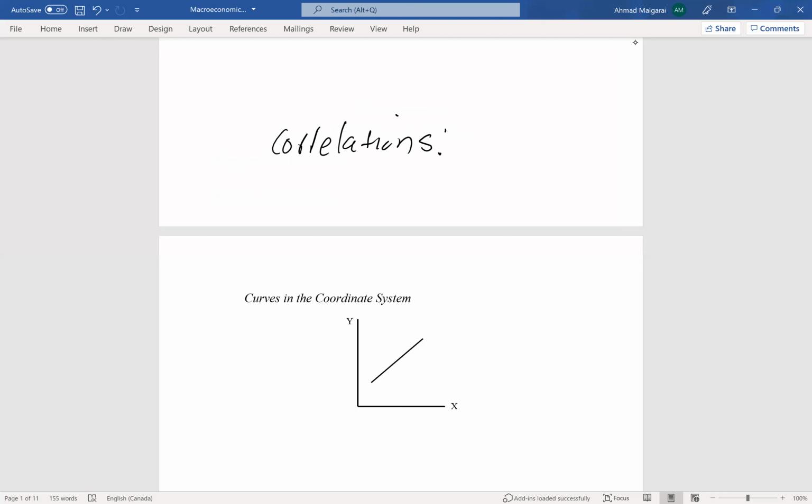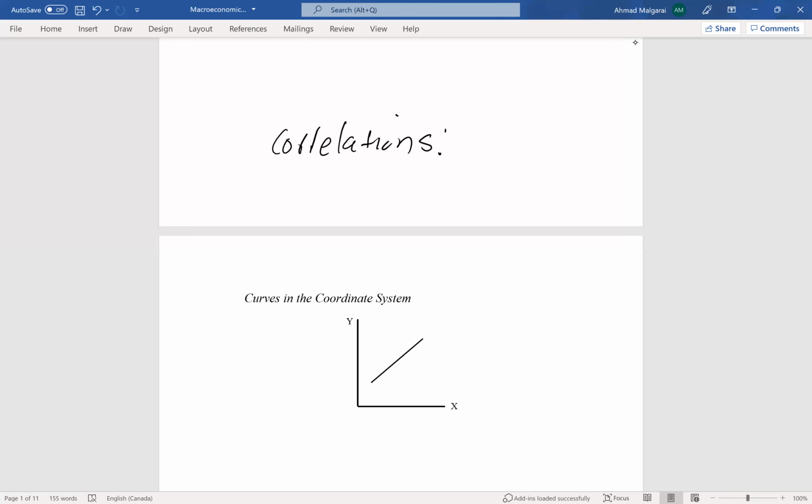Also, correlation measures association, but note that it does not show if X causes Y or vice versa, or if the association is caused by a third factor. It just measures the association, but it doesn't tell us whether Y causes X to increase or X causes Y to increase, or whether a third factor causes the whole movement in those curves.